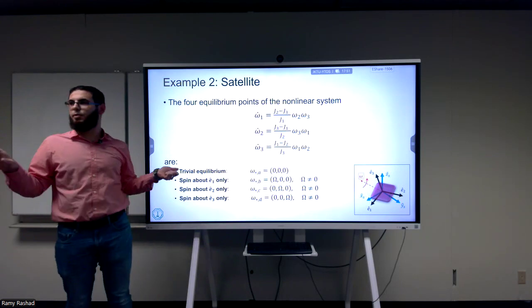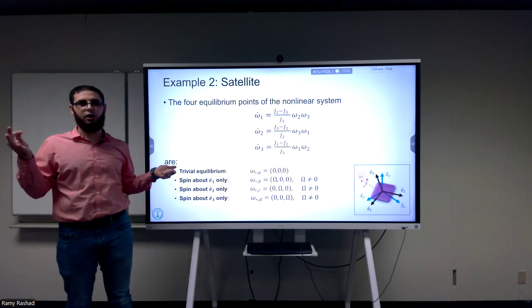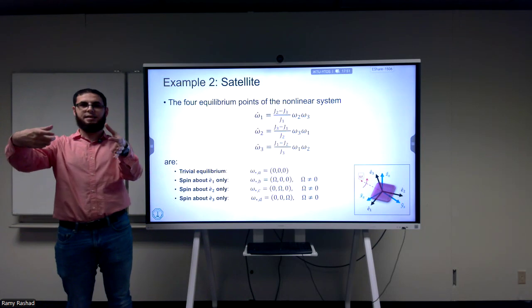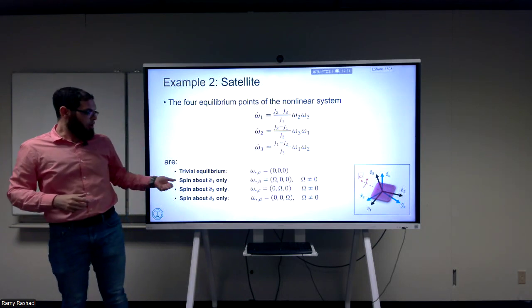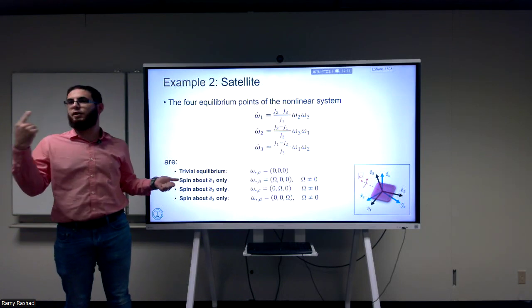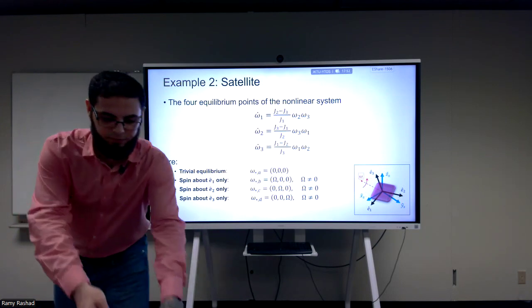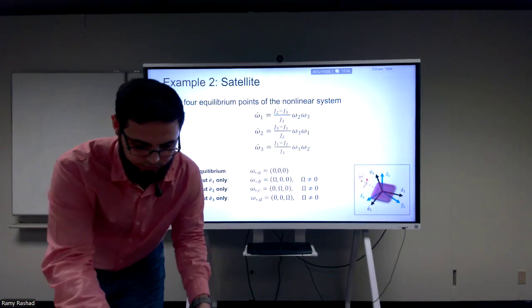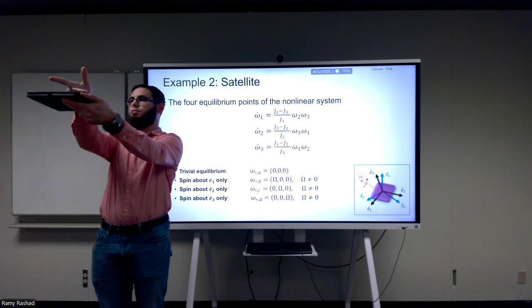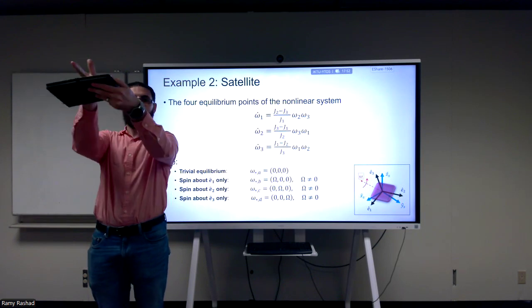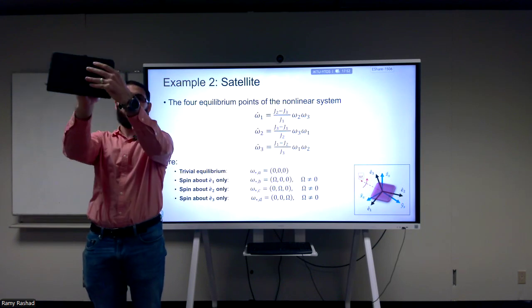You have the trivial equilibrium point that you all mentioned. The three angular velocities are 0, which means that this satellite or this rigid body is not rotating at all. You have spinning around the first axis. For example, if this is the rigid body we're talking about, and these are the three axes, I can rotate around this axis, this axis, and this axis.